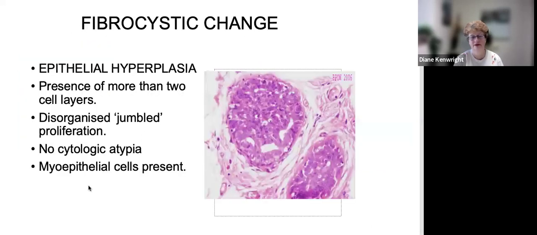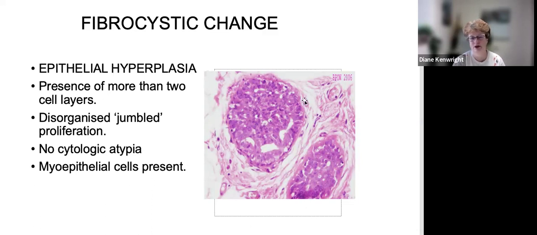Carrying on, the fourth change is epithelial hyperplasia. Epithelial hyperplasia means that the ducts, which are normally lined by just 2 cell layers, have increased cells in them. Too many cells. These are not precancerous cells. There are just too many of them. Often it's quite jumbled looking.